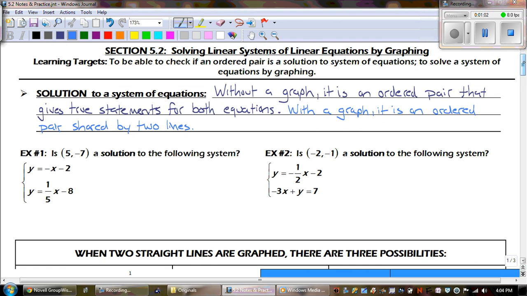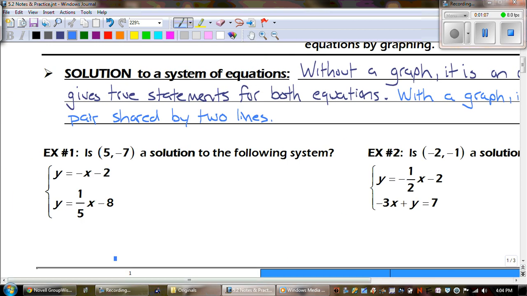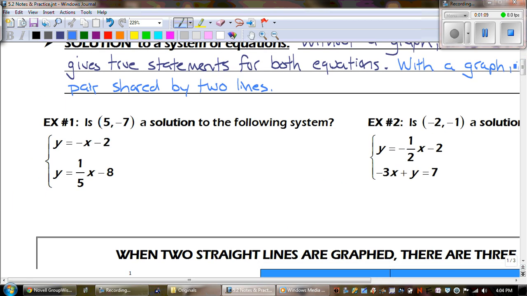All right, let's go ahead and look at example number 1. Is (5, -7) a solution to the following system? Let's remember that the first value is the x and the second is the y.